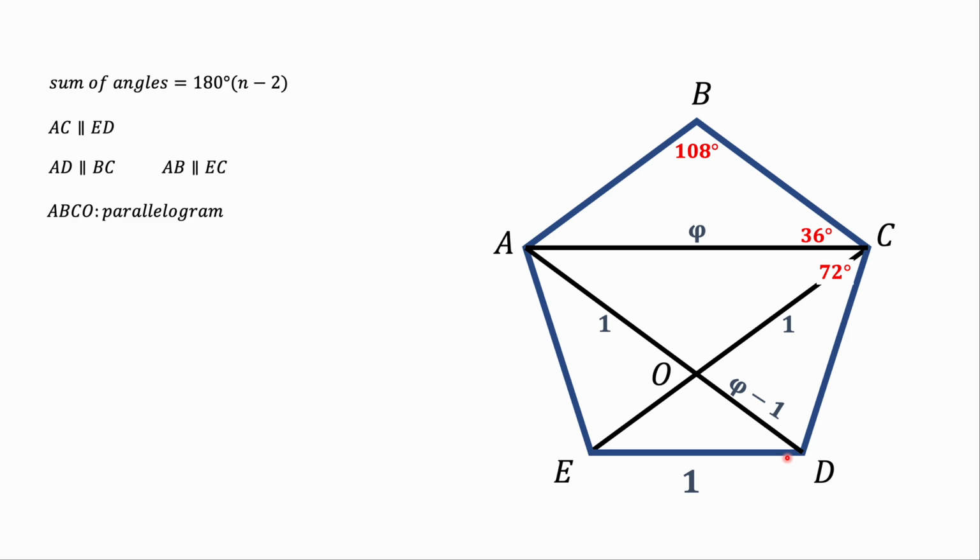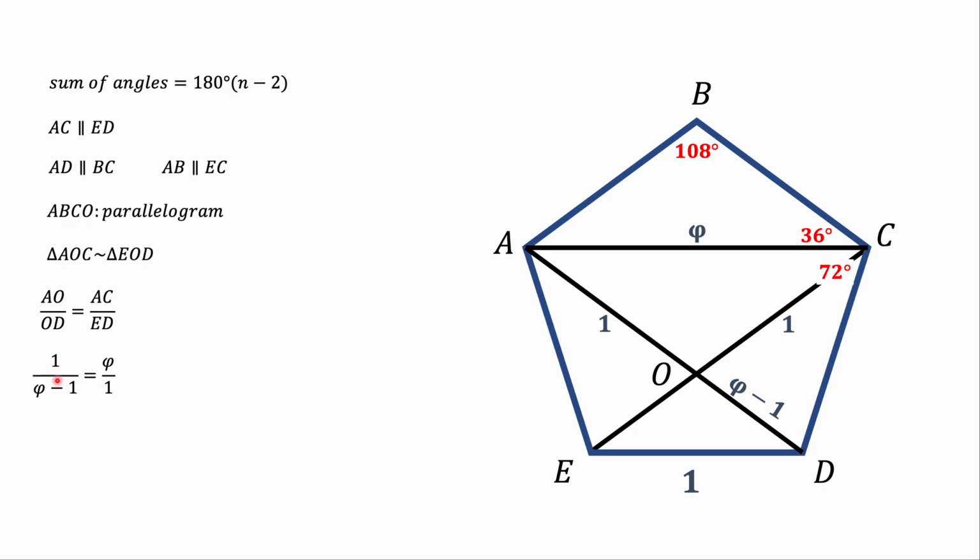And if these lines are parallel, alternate interior angles are congruent. Since these two triangles have two pairs of congruent angles, these triangles are similar. In similar triangles, the ratio of respective sides should be the same. So the ratio of AO to OD should be the same as the ratio of AC to ED.